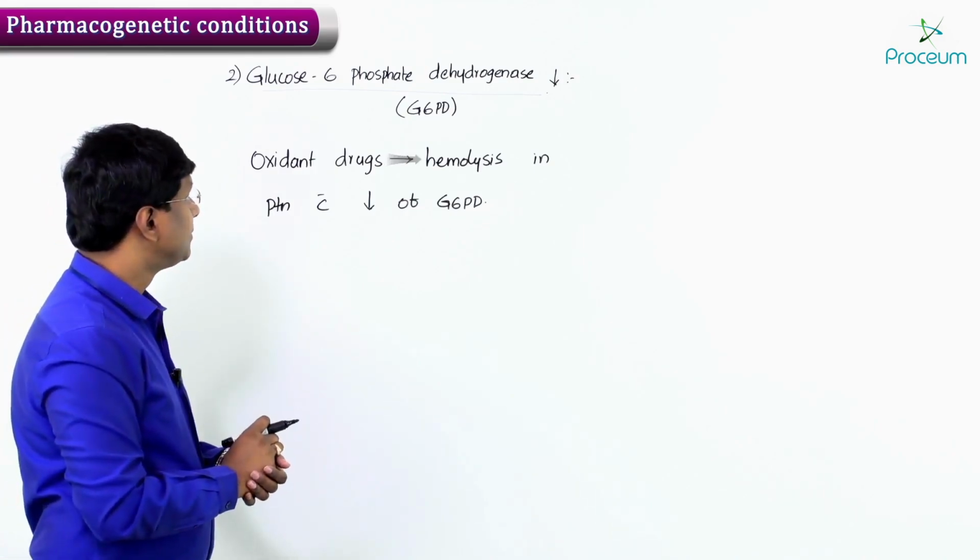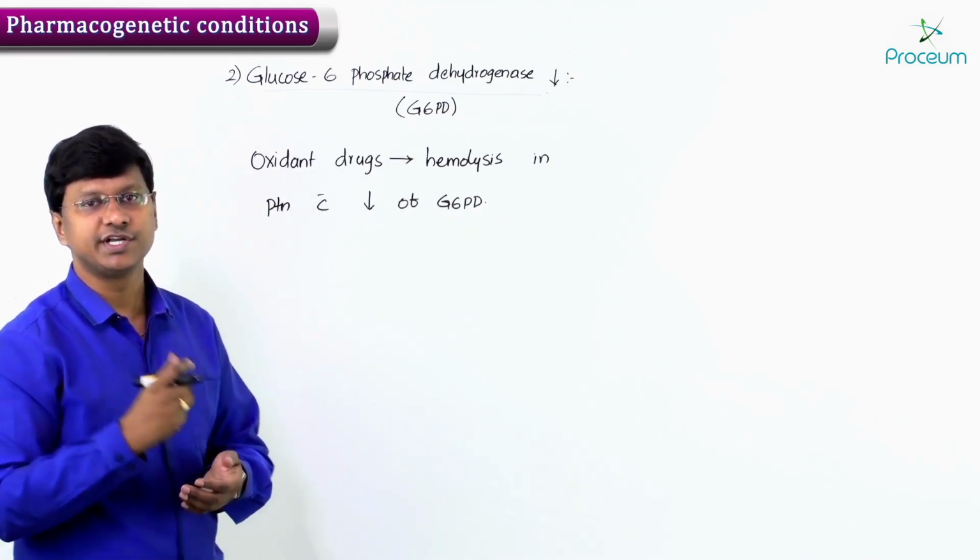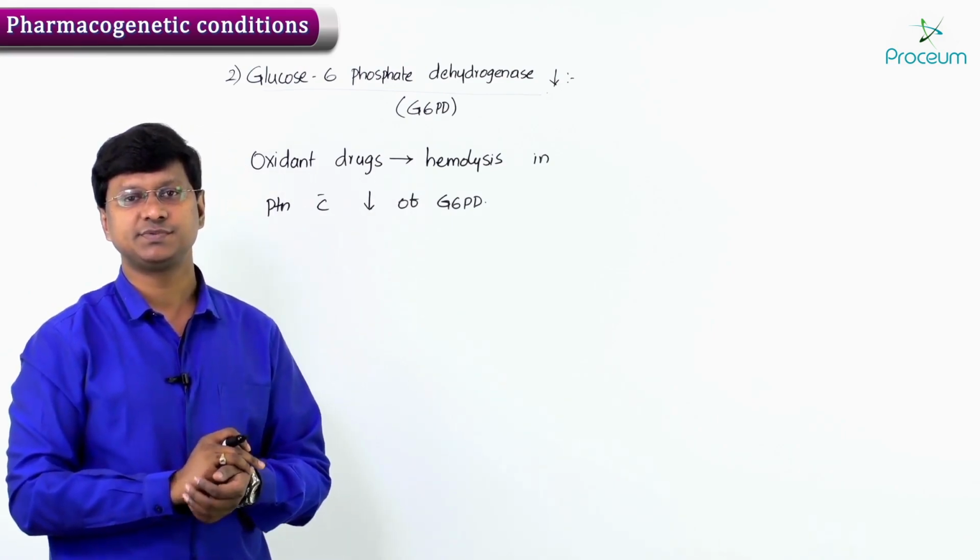Now, you should know what are those oxidant drugs which will produce hemolysis in G6PD deficiency patients.